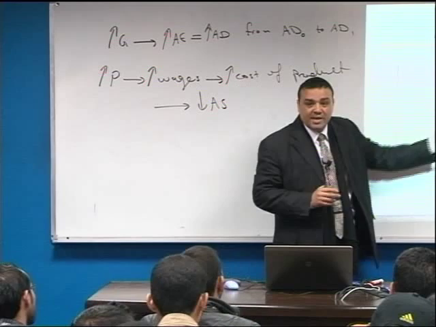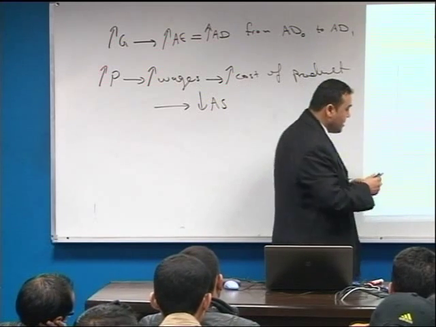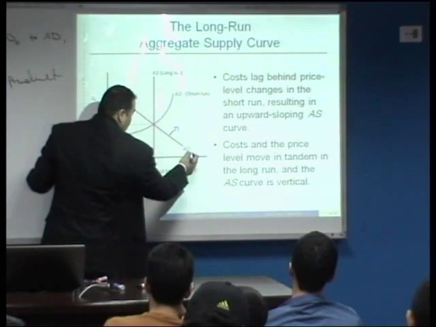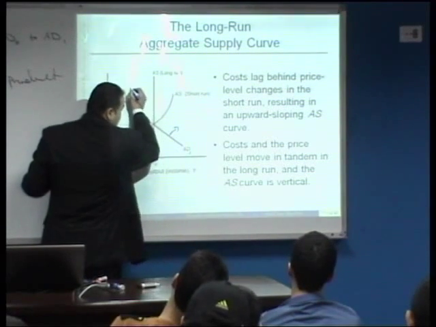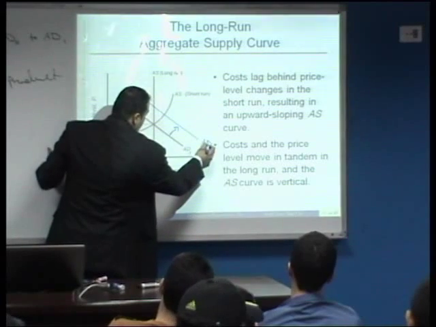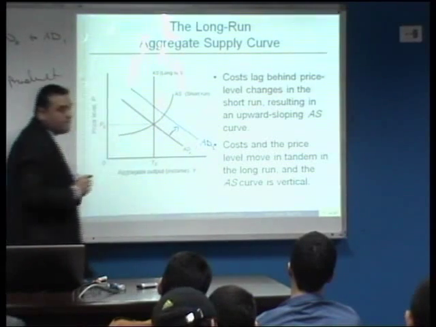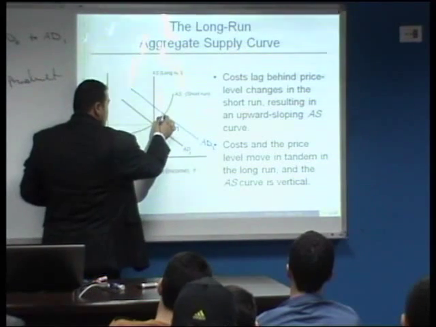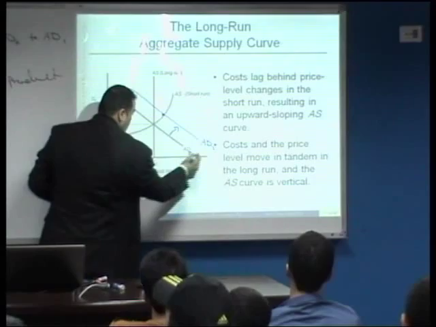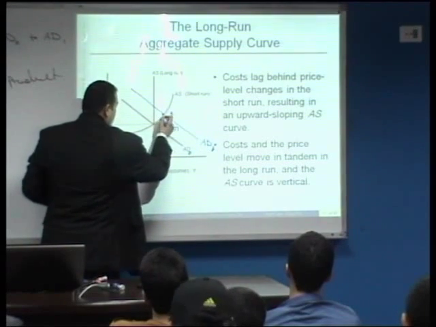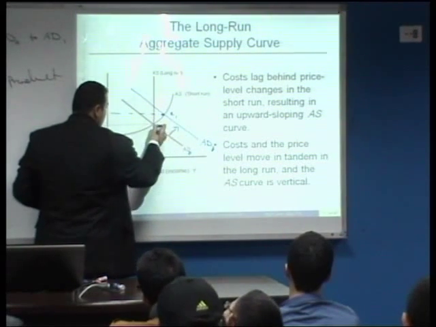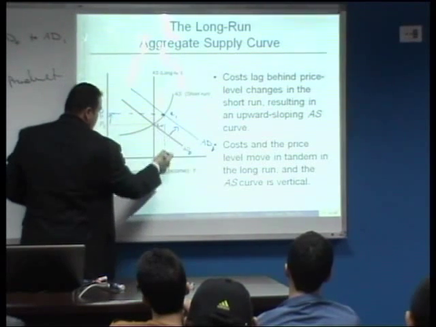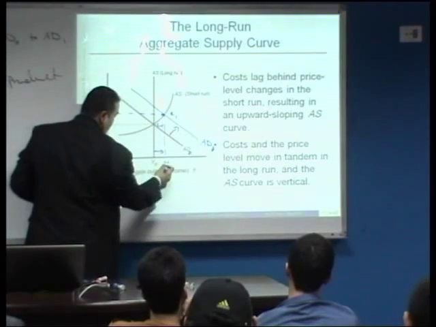Suppose we use an expansionary fiscal policy. So we did an expansionary fiscal policy, and what will it do? It would increase aggregate demand 1 to aggregate demand 2. We have a new equilibrium point, let's call it E1, from E naught. The prices increased to P1, and Y increased from Y naught to Y1.